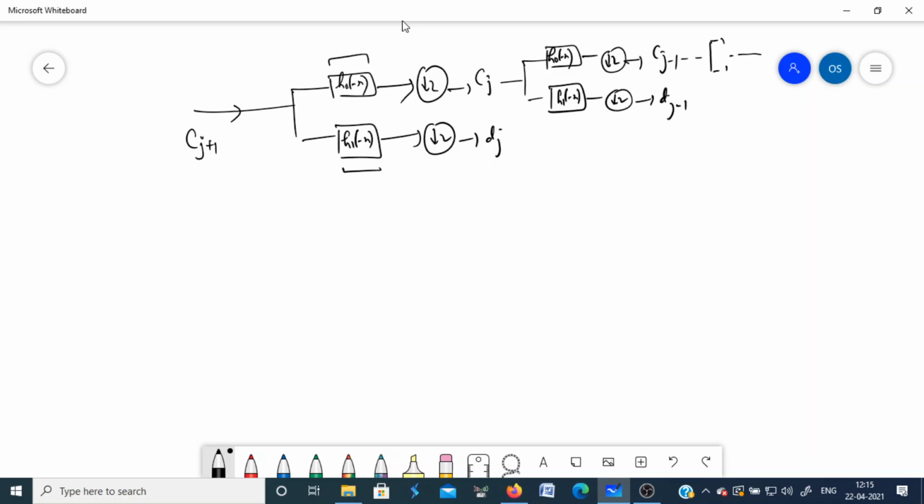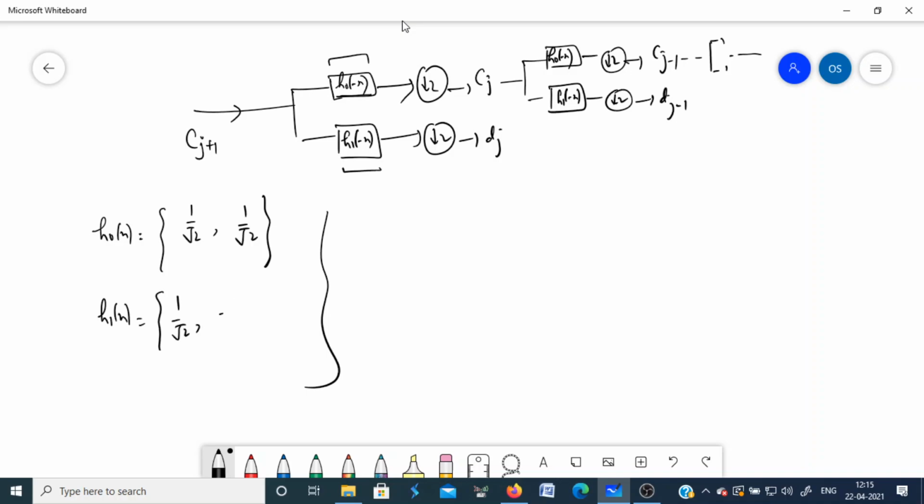Now, if you see the frequency response of these filters, like for the Haar case, your H0[n] was 1 by root 2 and 1 by root 2. You have only two filter coefficients. And H1[n] was 1 by root 2 and -1 by root 2. So from the frequency response point of view, it is a low pass filter because its impulse response is symmetric, and since the other is antisymmetric, it will be a high pass filter.